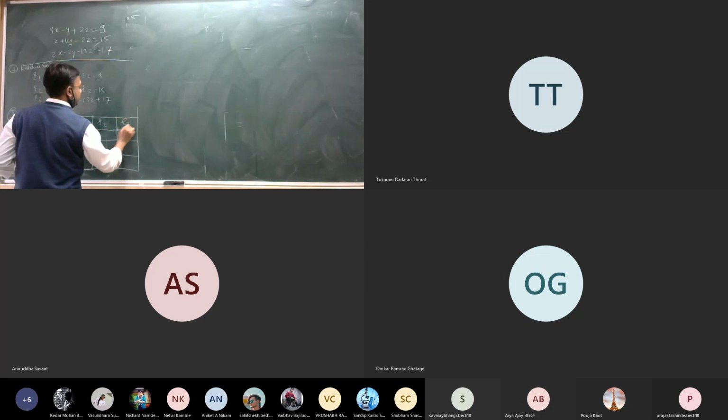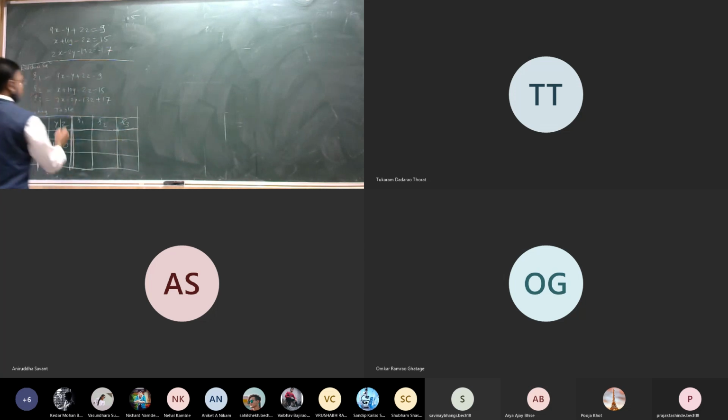That was the only change. Instead of Rx, Ry, and Rz, we write R1, R2, R3. So when x is equal to 1, we have to write here 9, 1, and 2. So these are the equations. Don't forget, this is the equation: 9, 1, 2.